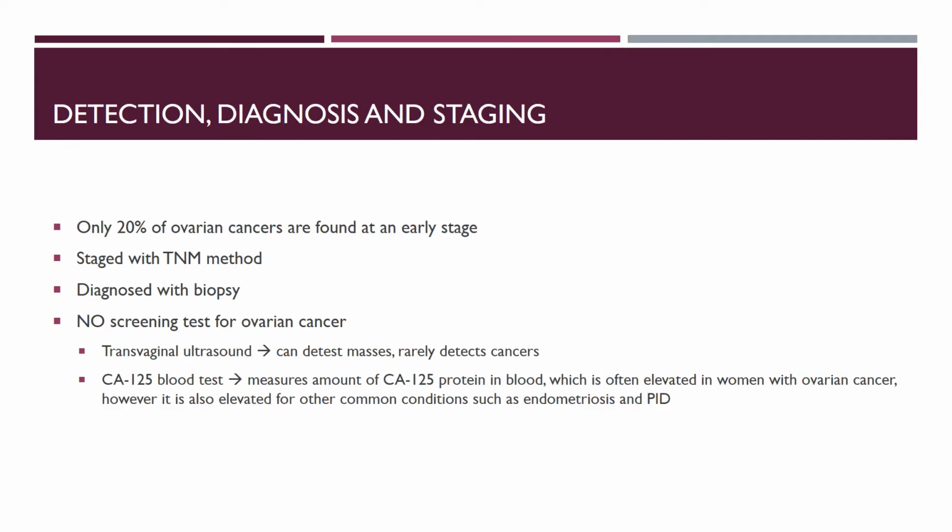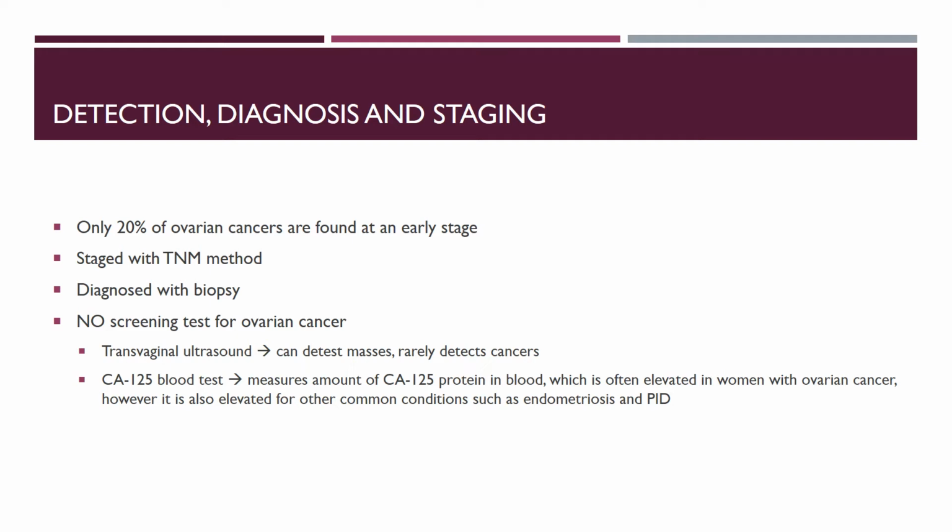And then another reason why ovarian cancer is so hard to identify is because only 20% of ovarian cancers are found at an early stage. So there is no screening test for ovarian cancer as there are for other cancers.